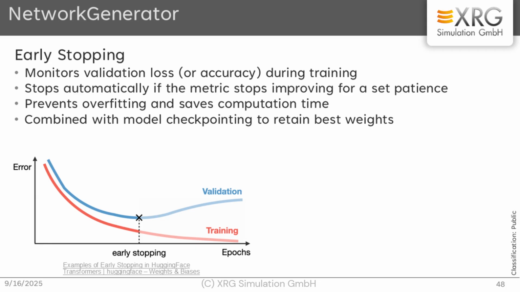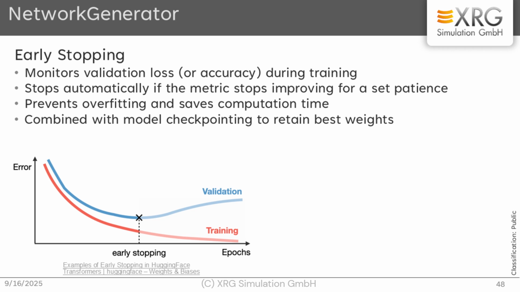The network generator also has some additional features like early stopping. This is a method used for neural networks to make sure that you're not overfitting your data set. This is often the case if your neural network is too complex for the data and then you are learning points and not the behavior or the equations behind, if there are some.